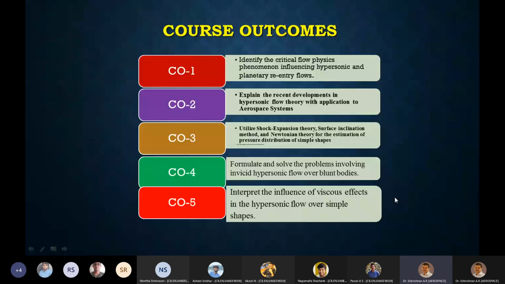CO4 is formulation and solving of problems involving inviscid hypersonic flow over blunt bodies. And CO5 is the study of viscous effects, being able to analyze and identify viscous effects in hypersonic flow applications. So this is how the 5 outcomes of the course are laid out: CO1, CO2, CO3, CO4, CO5.